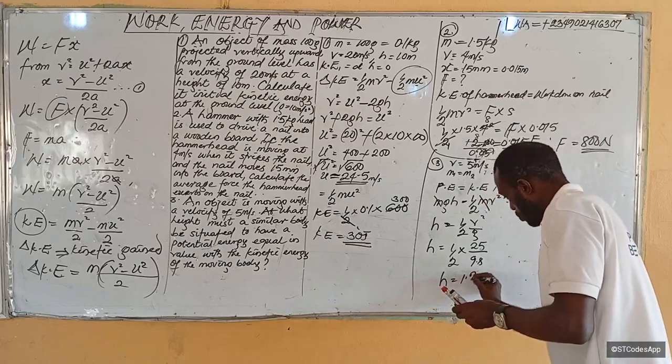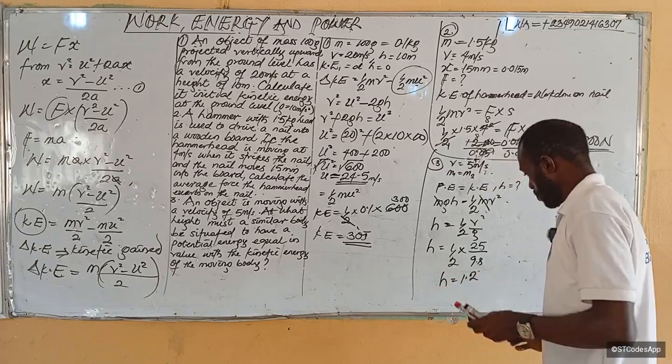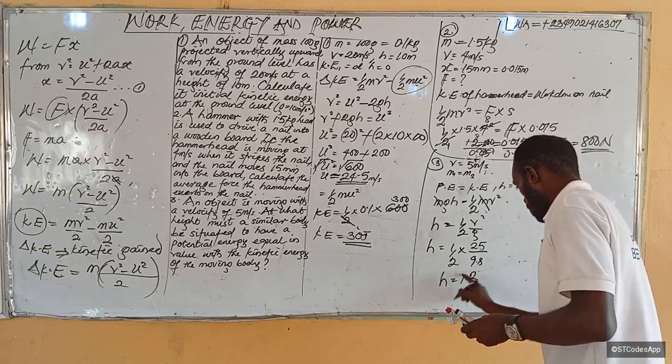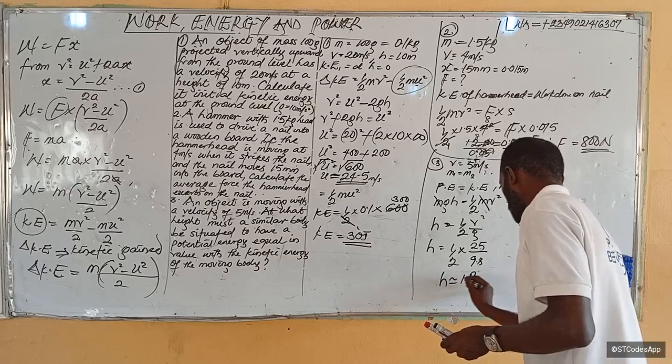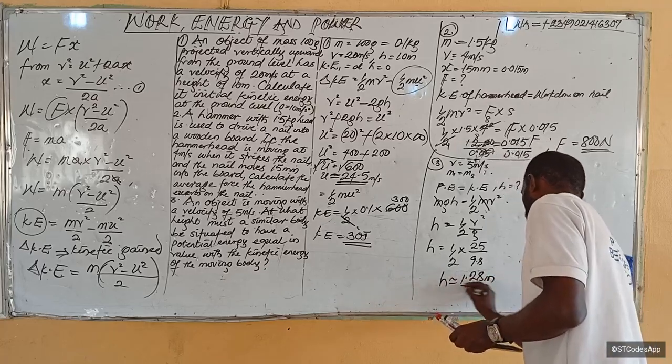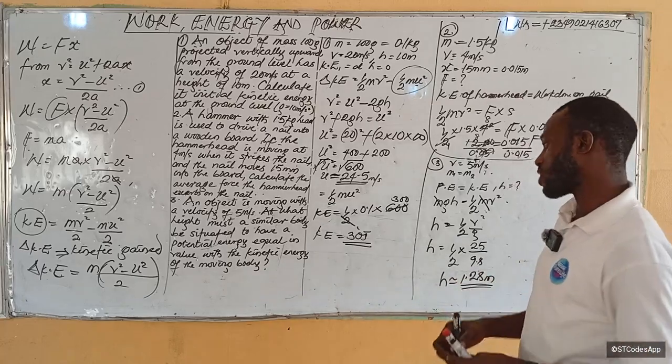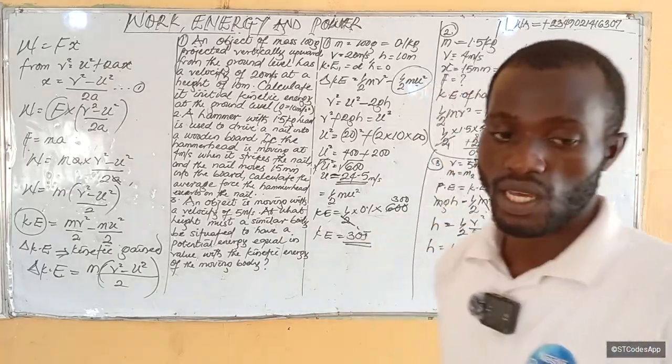The h is 1.2755. So that'll be like 1.28, approximately 1.28 meters. So this is the height at which the kinetic energy will be equal to the potential energy.